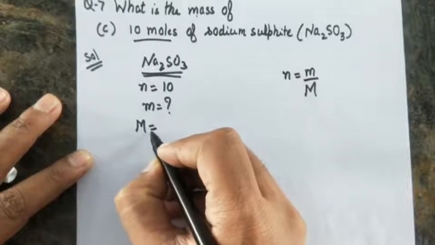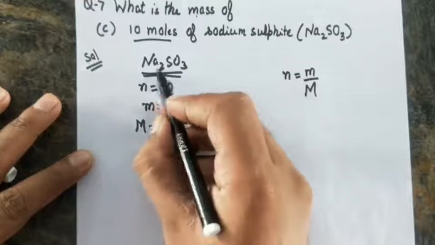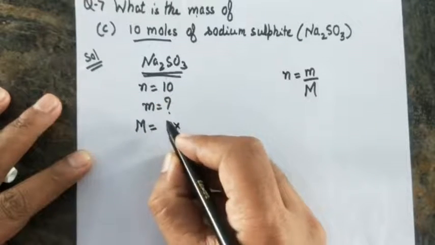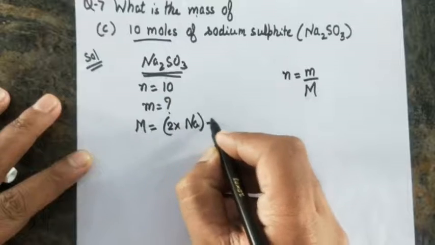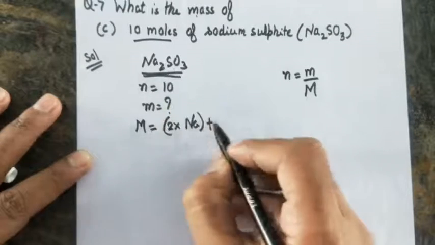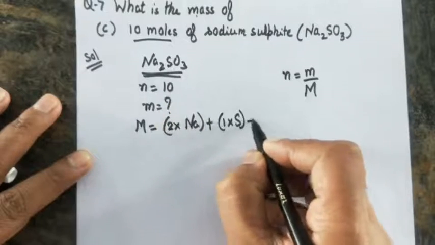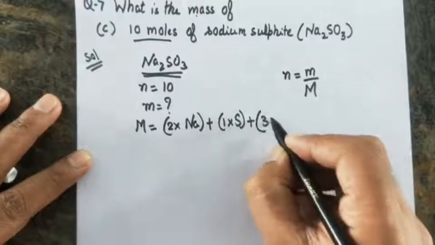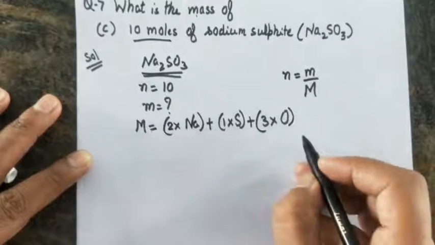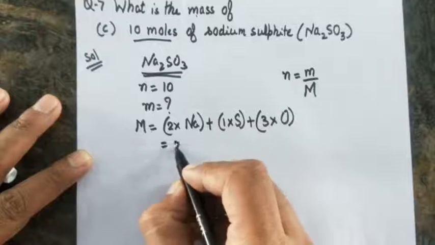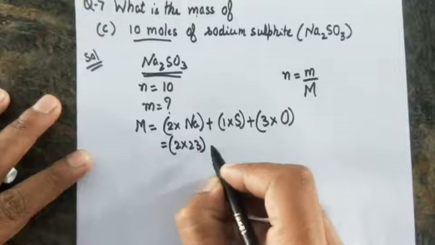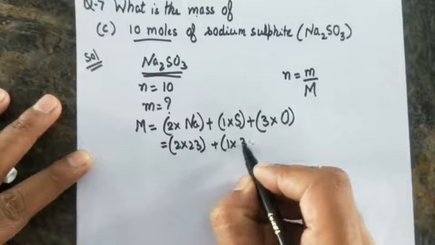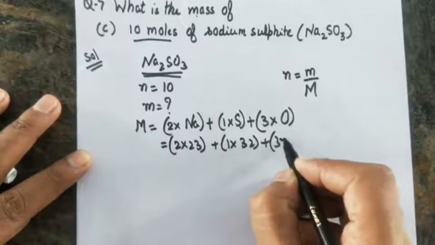Therefore, molar mass of sodium sulfite will be equal to 2 into atomic mass of sodium plus 1 into atomic mass of sulfur plus 3 into atomic mass of oxygen, which comes out to be equal to 2 into 23 plus 1 into 32 plus 3 into 16.